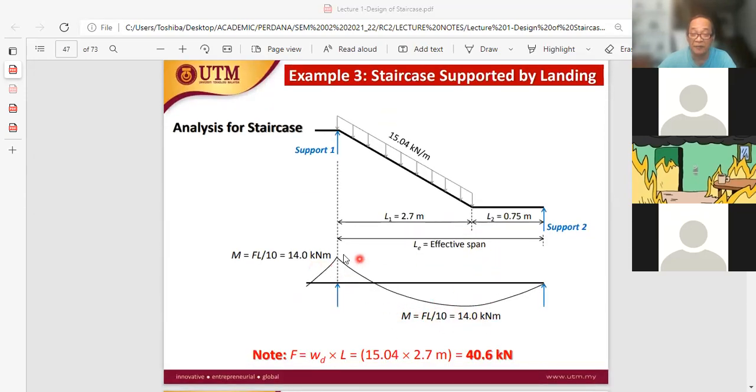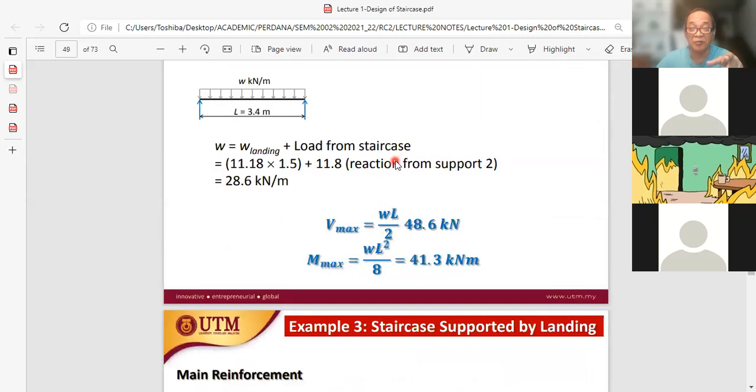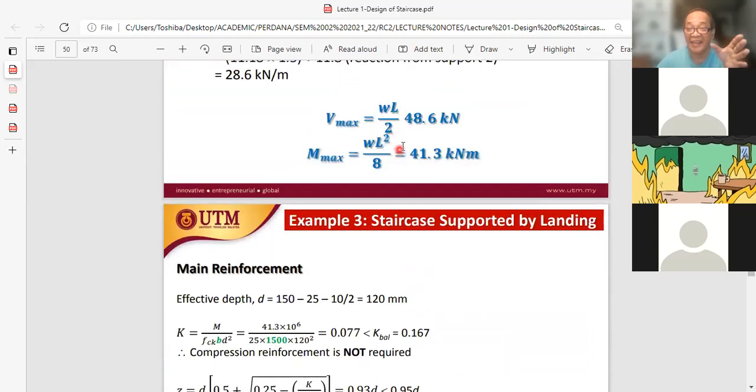Then provide top reinforcement for 14 kilonewton meter per meter width and 14 kilonewton meter per meter width for sagging. So hogging and sagging are already there. We can design the staircase based on the data here. But in this example, it skips the design and goes straight to the landing because the landing is the main component. The landing is supporting the staircase.